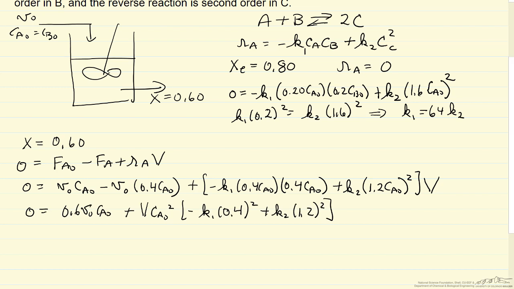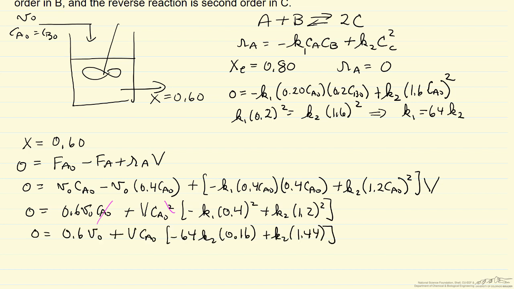I'm going to pause and simplify. And so we can cancel out one of these CA0 values, and then we can replace K1 by 64 times K2. So I've now squared the terms. We can simplify this further by factoring out K2 and then calculating the numerical value.